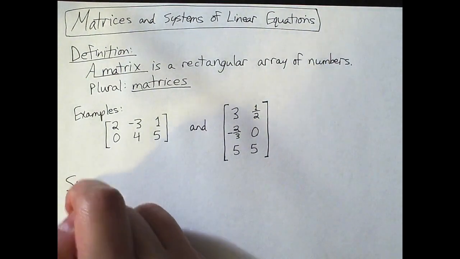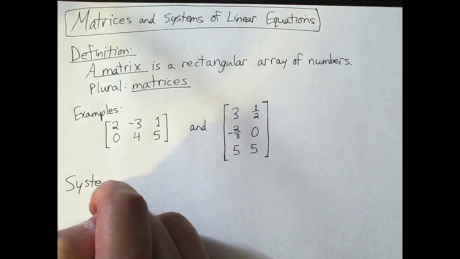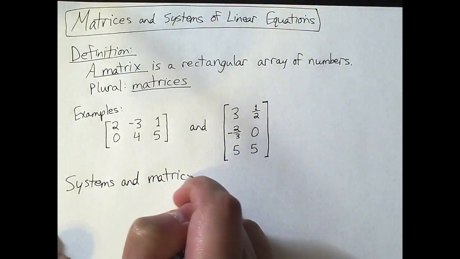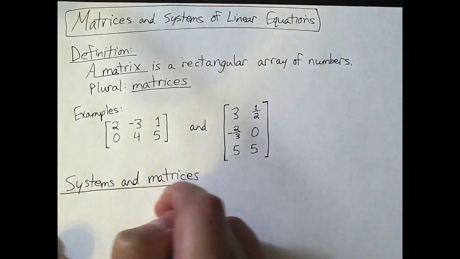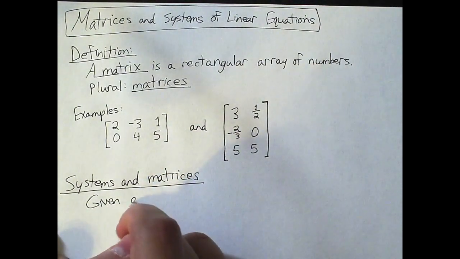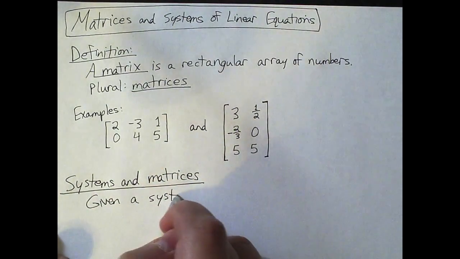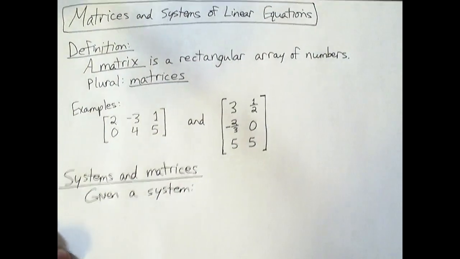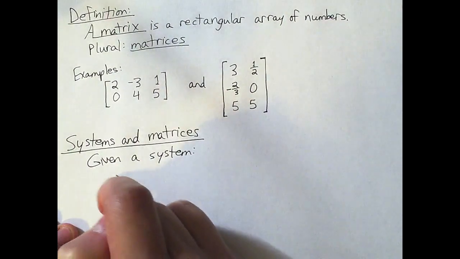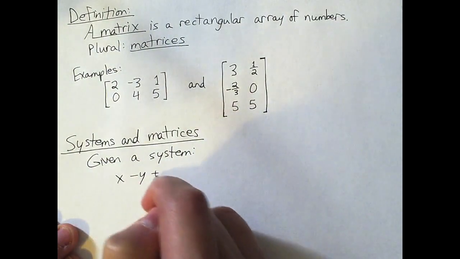What does this have to do with systems? So, systems and matrices. If we are given a system, and in this class we're talking right now about systems of linear equations, so maybe something like this.